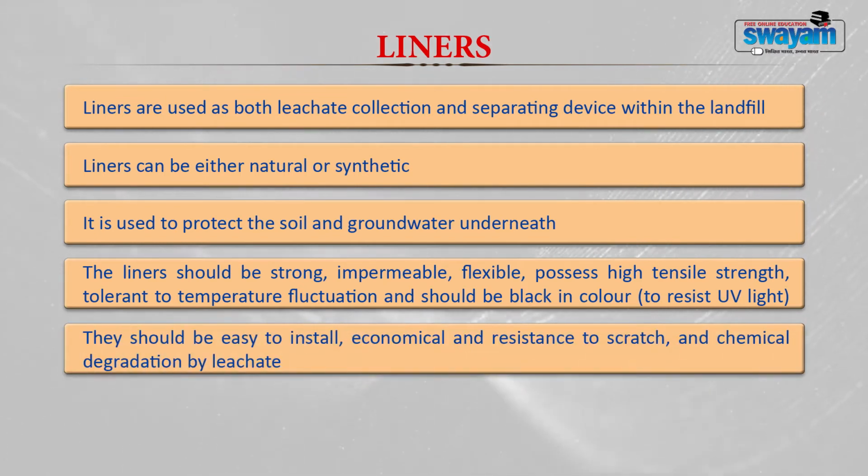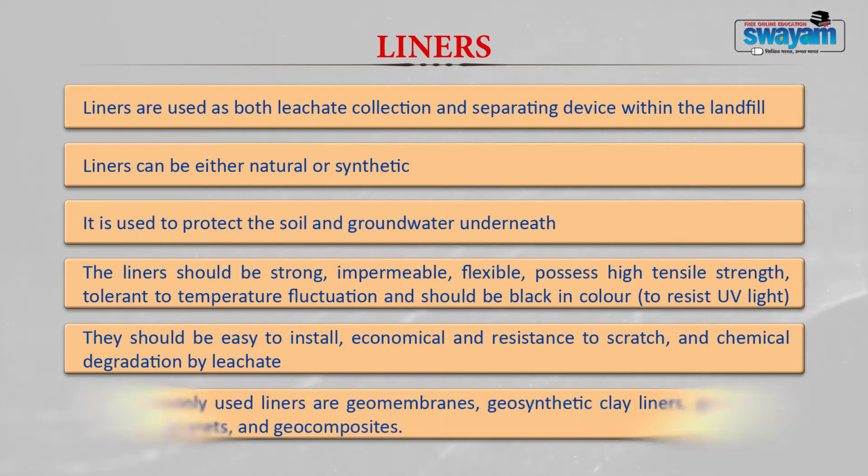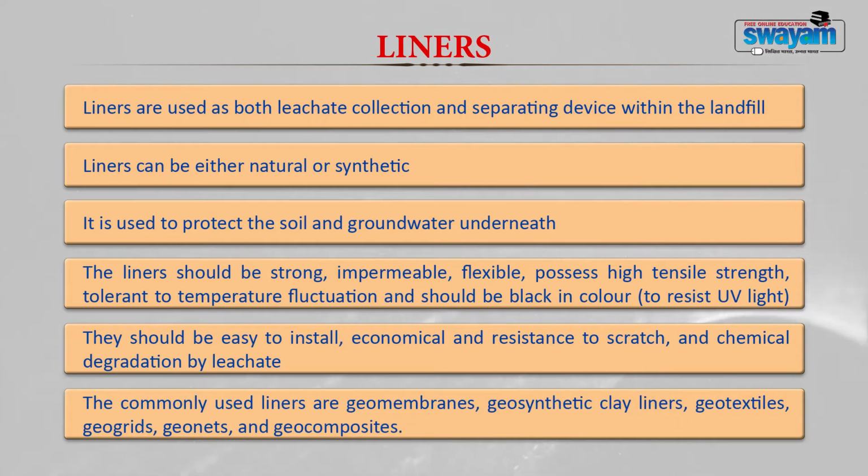They should be easy to install, economical, and resistant to scratches and chemical degradation by leachate. The commonly used liner materials are geomembranes, geosynthetic clay liners, geotextiles, geonets, geocomposites and geogrids. Each of these we have discussed in our previous modules.